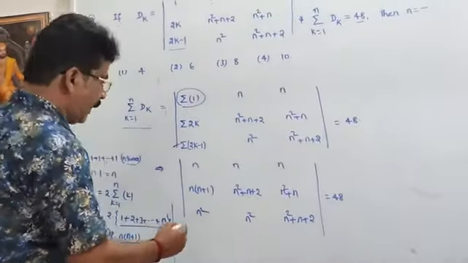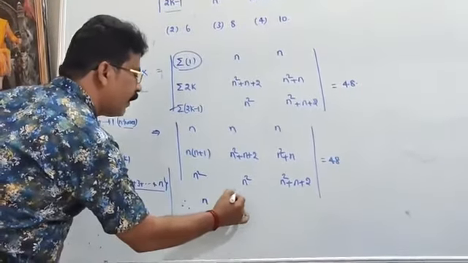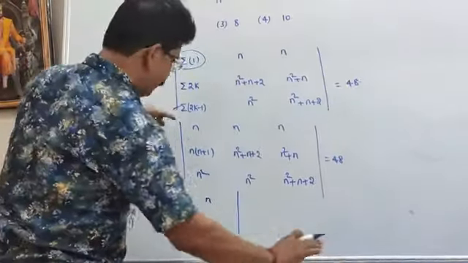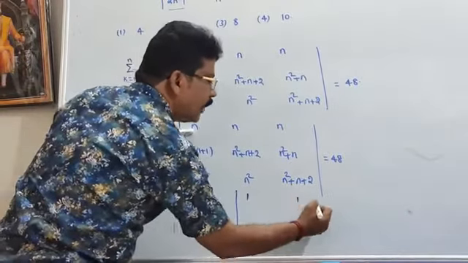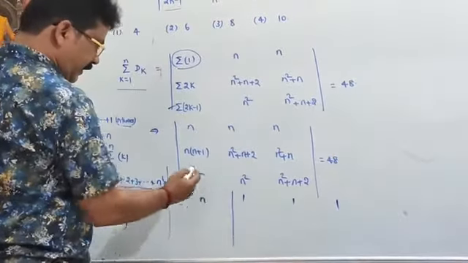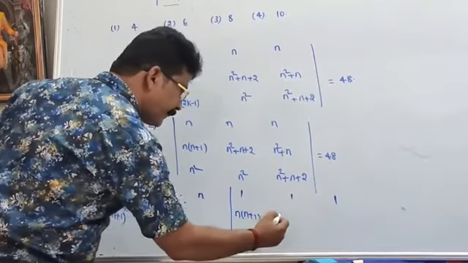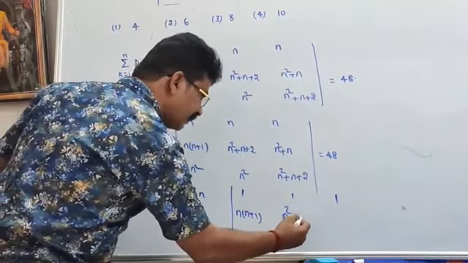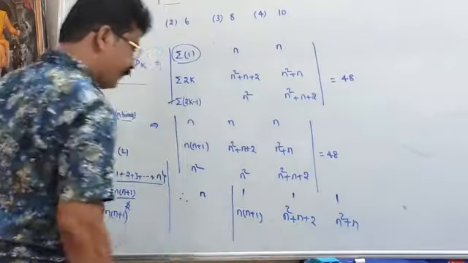Okay. Now, number 1, we can expand directly, or we can perform some elementary transformations to expand the determinant easily. Therefore we can take n common from R1, n common, leaving 1, 1, 1. Next, here no common factor. So n into n plus 1, this is n square plus n plus 2, this is n square plus n.